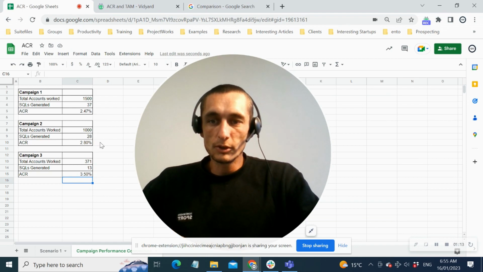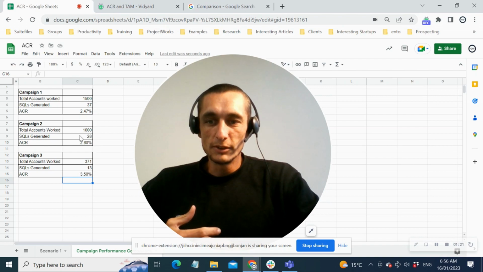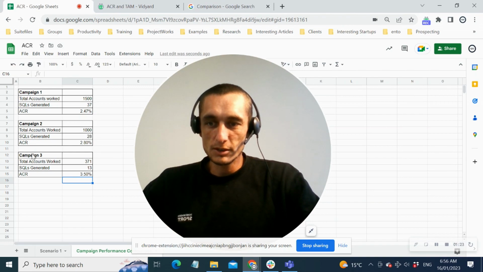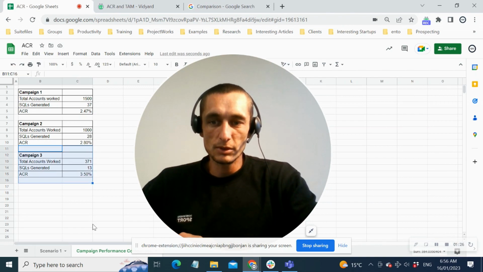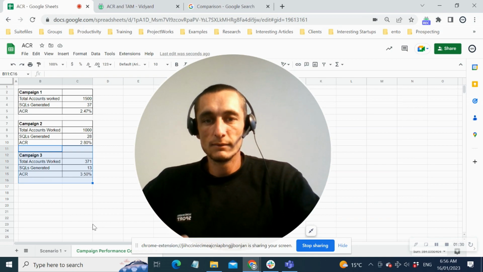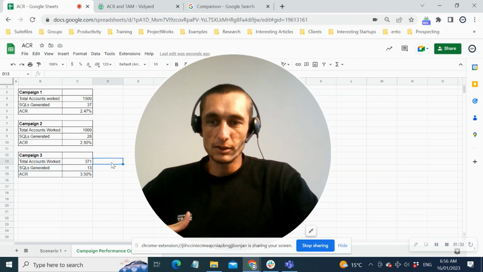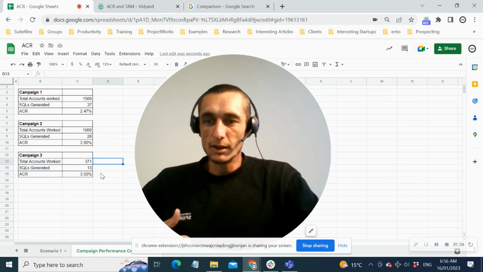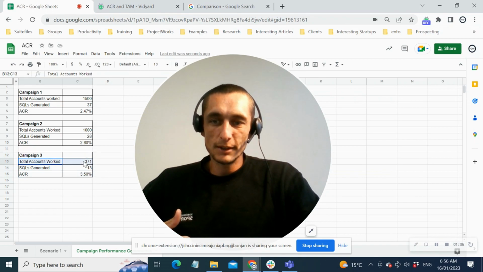So whereas before, if we were looking at these campaigns, we'd say, hey, look, campaign 1 and campaign 2 are performing well. Let's look to see if we can drive up the volume inside of those campaigns. The one that's actually most interesting when you dig down is campaign 3, right? Because we've got the highest account conversion rate here. So the questions as a sales leader would be, okay, well, how could we maximize this number?